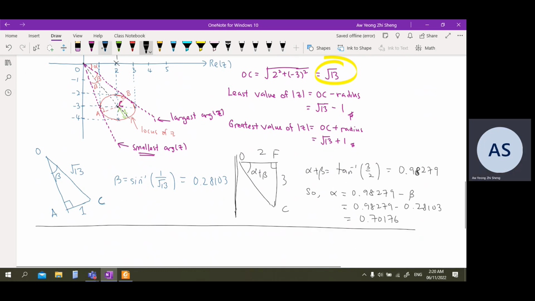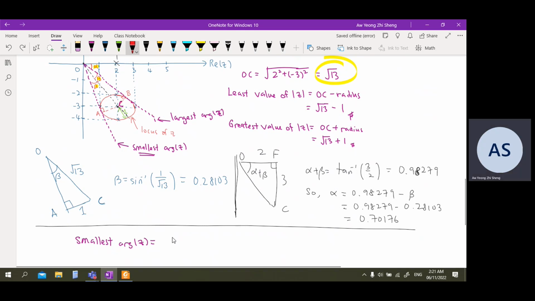Now it's time to state the largest and smallest argument z. For our smallest argument z, we have to take into account the direction. We have a negative angle here because this is an angle in quadrant 4. The magnitude of the angle will be alpha plus 2 beta, but we have to take the negative of the entire thing because the angle is measured in the clockwise direction.